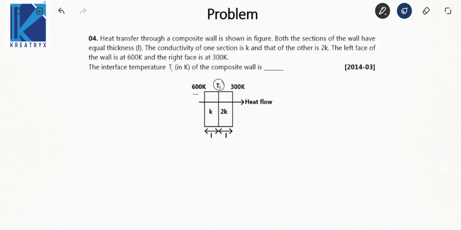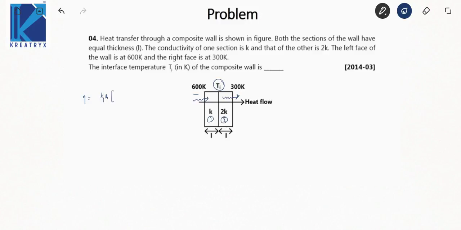We know that the heat flow rate through this wall will be equal to the heat flow rate through this wall. Again applying Fourier's law of conduction, I am adjusting the minus sign automatically with delta T. Let this be 1, let this be 2.